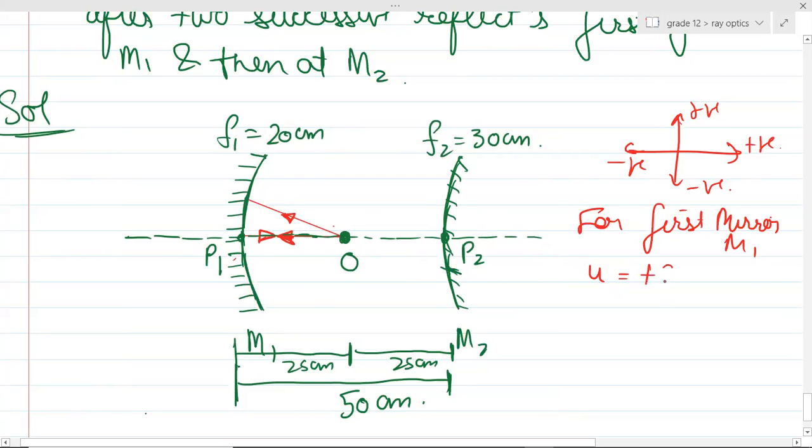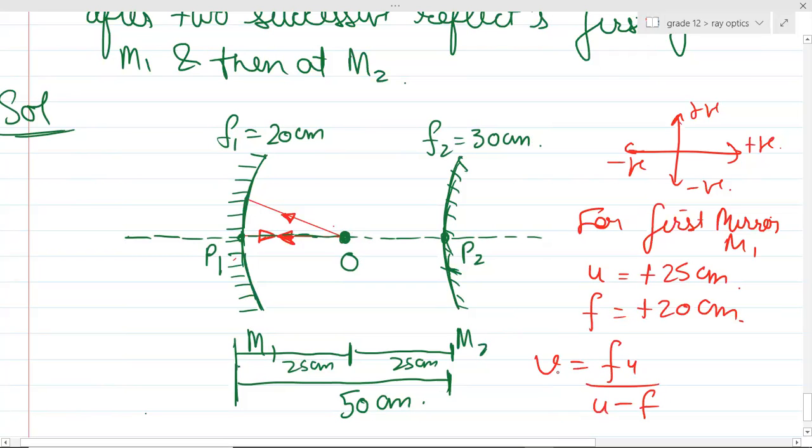Plus 25. Very good. Plus 25 centimeters. What is the focal length of the first mirror? Plus 20, correct. So, can we calculate the V? We can apply the mirror formula, right?